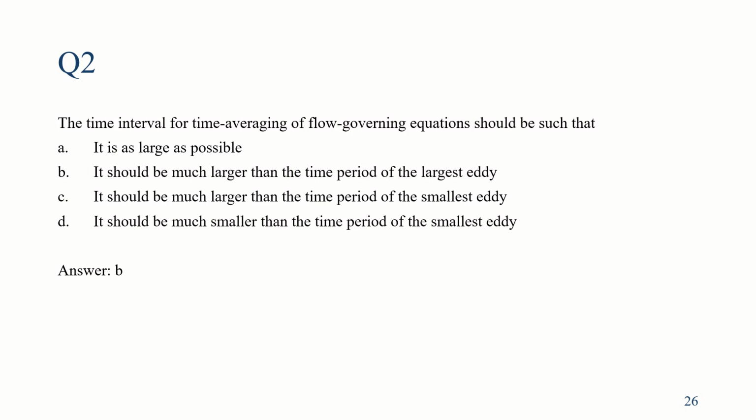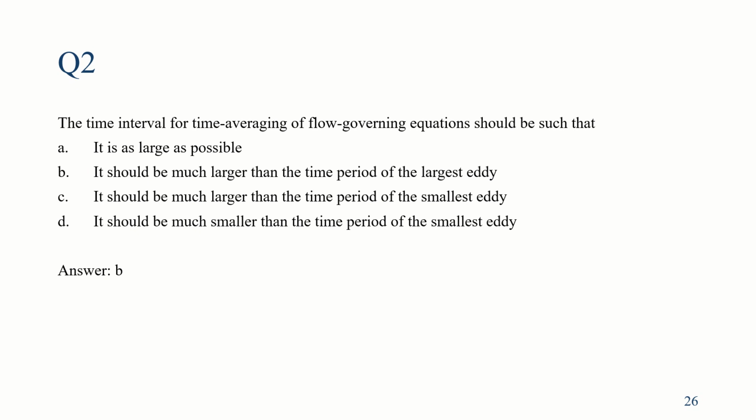So what should be the time interval? Should we take it as large as possible? There is no such requirement, but the time interval that we are choosing should be covering all that we need. So consider the eddy formation. Smallest eddies are forming, largest eddies are forming.